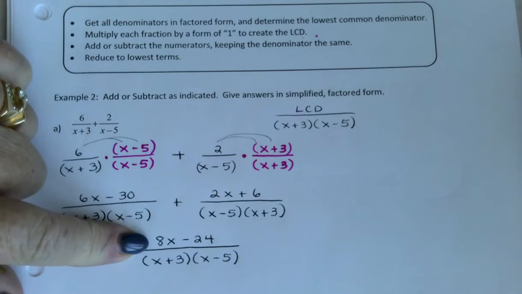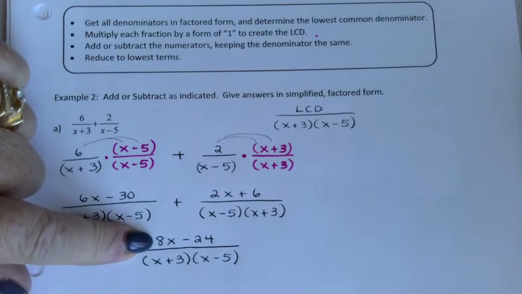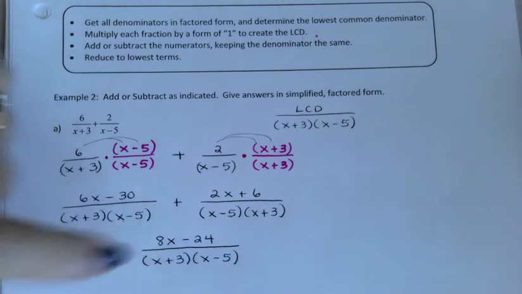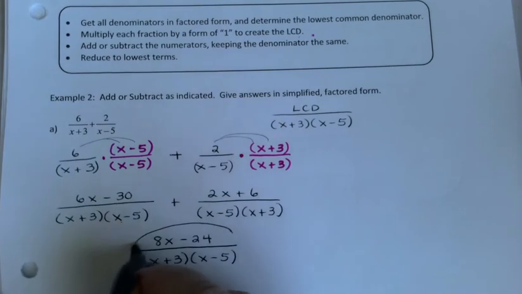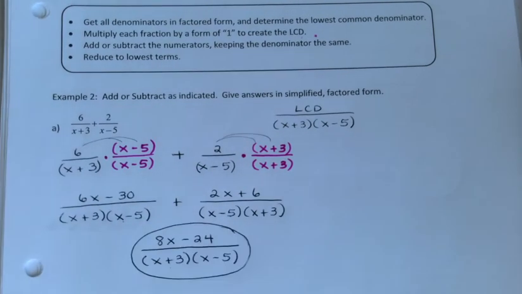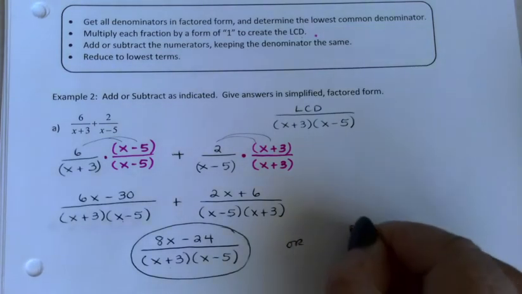If you just think through this with me for a moment, I could factor an 8 out here on the top, but when I do, I would have x minus 3. And that would not divide with the x plus 3. So since nothing's going to divide out, nothing's going to simplify, I won't bother factoring. I'll just go ahead and leave it like this. It wouldn't hurt if you left it like this.